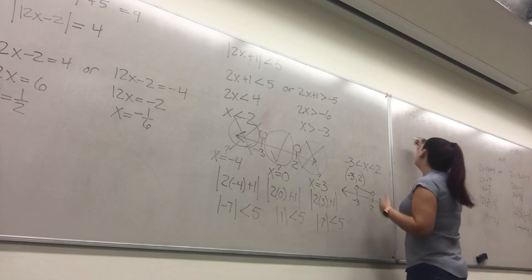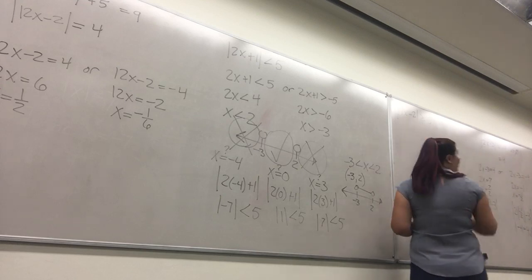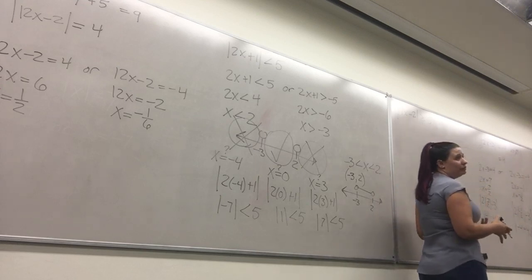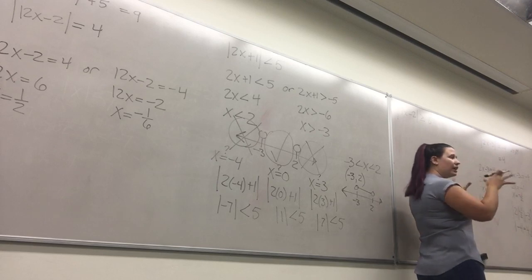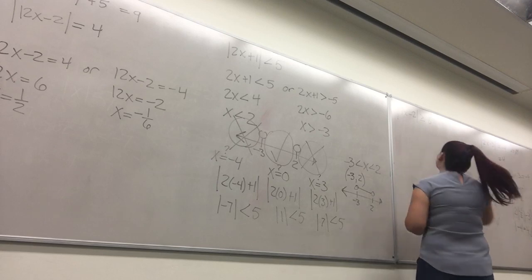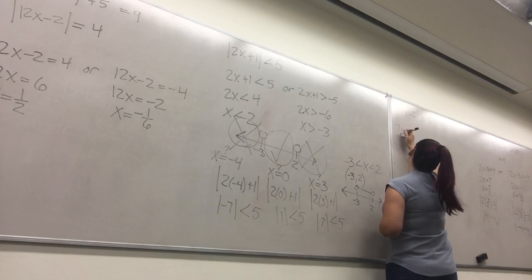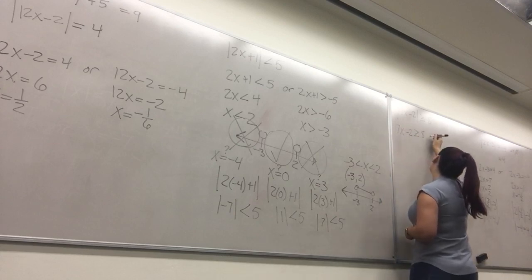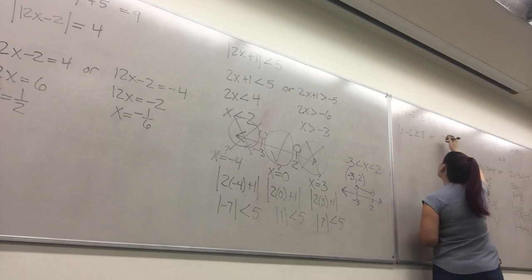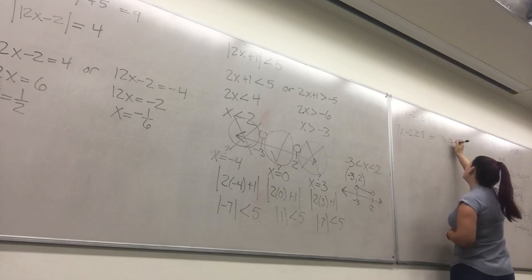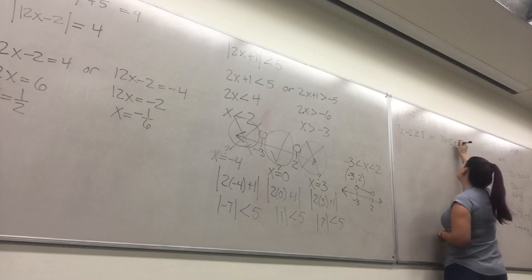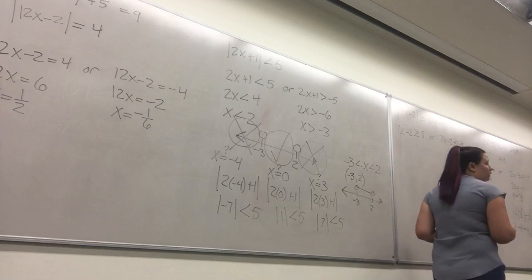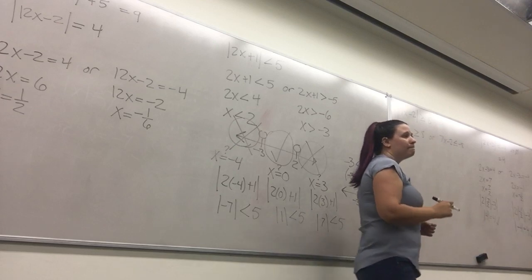Okay, so we have the absolute value isolated, right? It's all by itself. So then let's do the positive and the negative version, right? So we have 7x minus 2 is greater than or equal to 8. Or we have 7x minus 2, we're doing the negative, so we flip it. So it's less than or equal to, right?